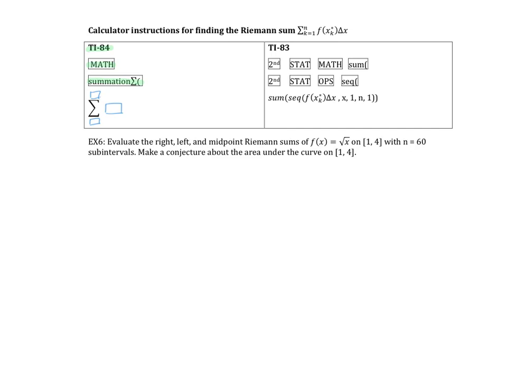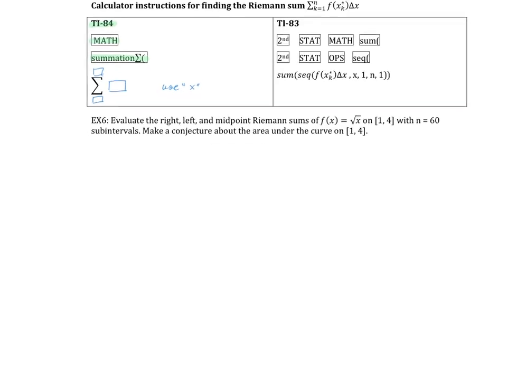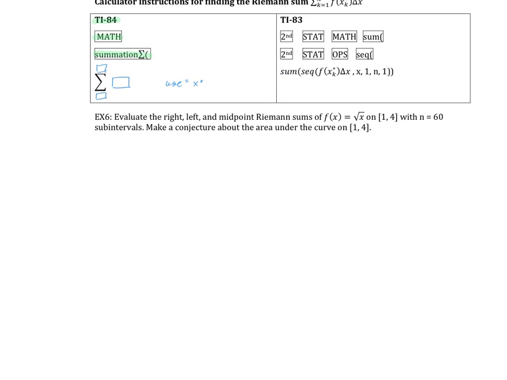Just a note here that it's probably easier to use x as your variable instead of trying to use k. So you could put, say, x is equal to 1 to whatever your n value is, 20, right? And then enter in whatever you want to sum here.